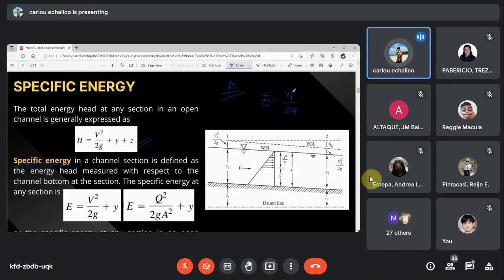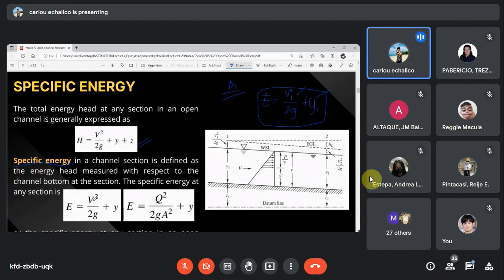2G, V squared over 2G, plus the depth of the fluid. So, remember, specific energy is just the velocity head and the depth of the fluid in the channel. We can also express specific energy in terms of discharge.